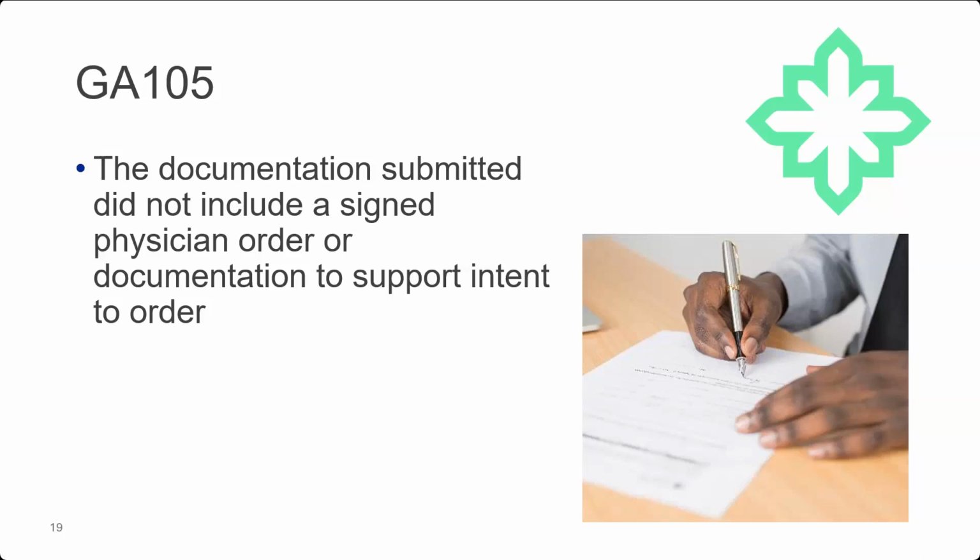But it's got to be very obvious. A big thing here: if you have a physician order, make sure it is signed. If it is signed electronically, make sure when you print that documentation to send to that medical review entity, it's evident that that electronic signature appends to that order as well.